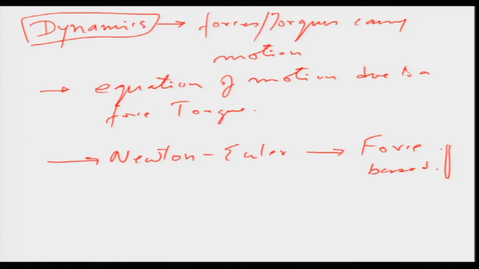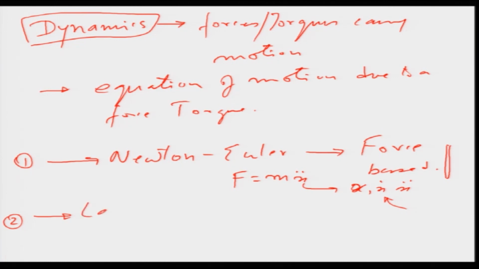I need to find the velocities and accelerations, and then using Newton's law I can find the forces acting. So, I need to find x dot and x double dot to use Newton's law, and this we can find from propagation of velocities from the base frame to the top frame.